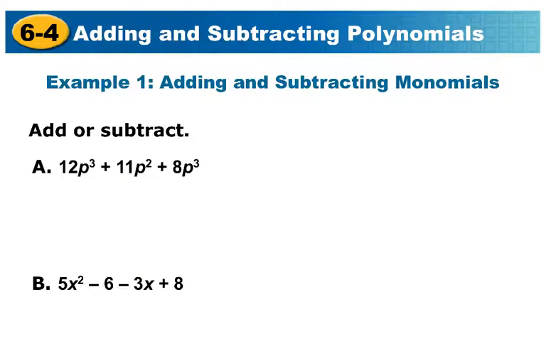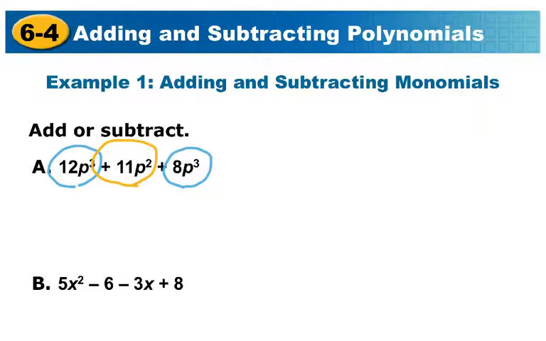So the next piece here, we're adding and subtracting polynomials. We're going to check to see which things have the same power. We have p to the third and p to the third. Those have the same power. And then just a p squared that does not have the same power.